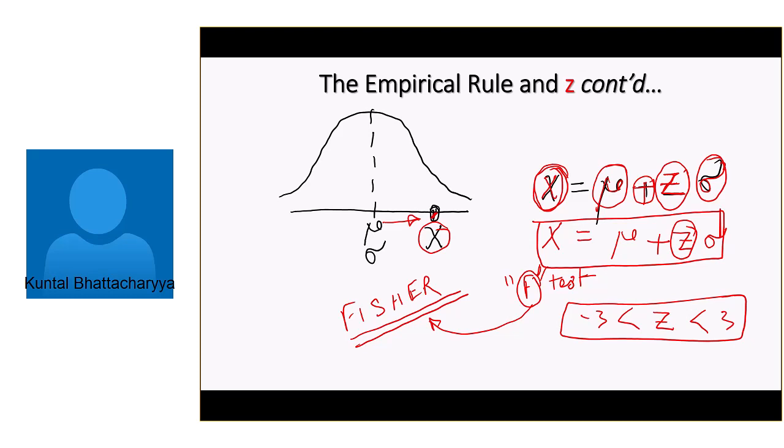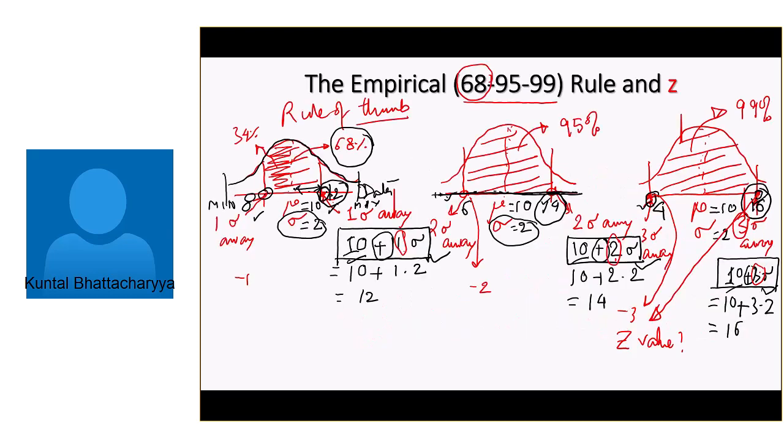So the other thing that you would want to remember is the idea of z is so central to the understanding of statistics because z has the capability of standardizing any normal distribution.